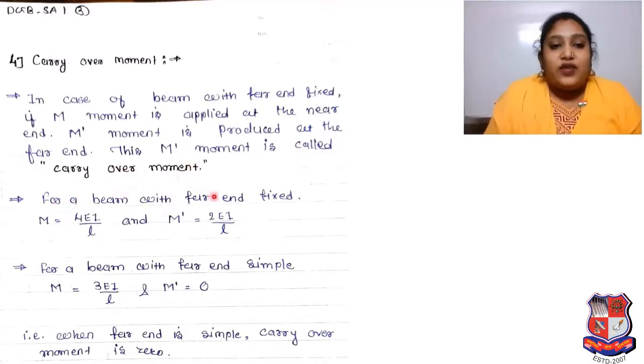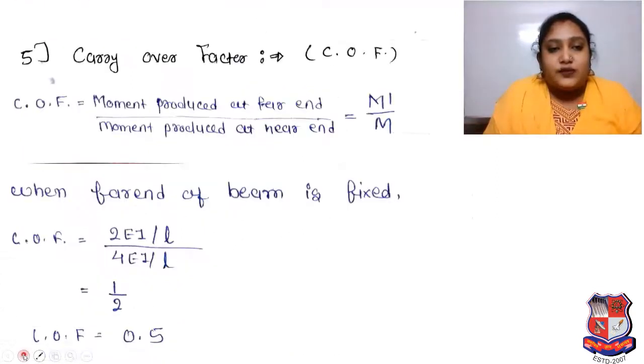For a beam with far end fixed, M is equal to 4EI by L and M dash will be 2EI by L. For a beam with far end simple, moment will be 3EI by L and M dash will be 0. So when the far end is simple, carry over moment is 0.